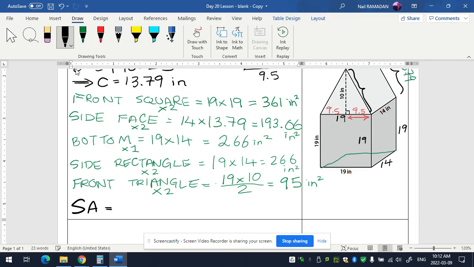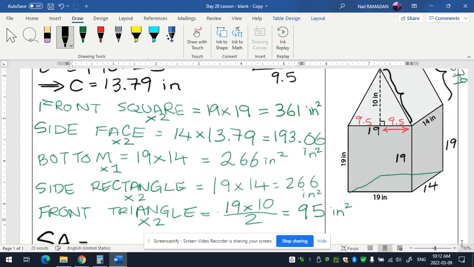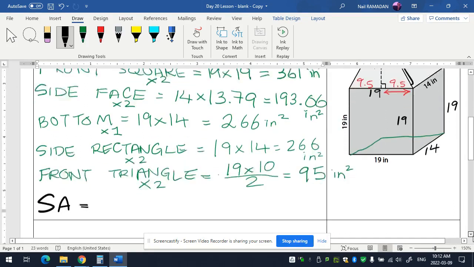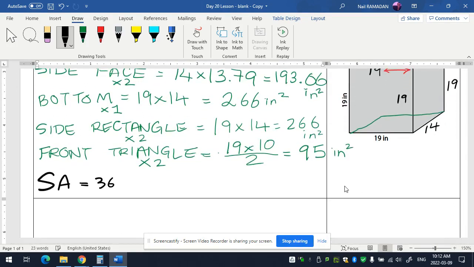Good. Okay. Let's write the calculation fully. I hope you have slightly enough space for it. 361 times 2 plus what's the next space?